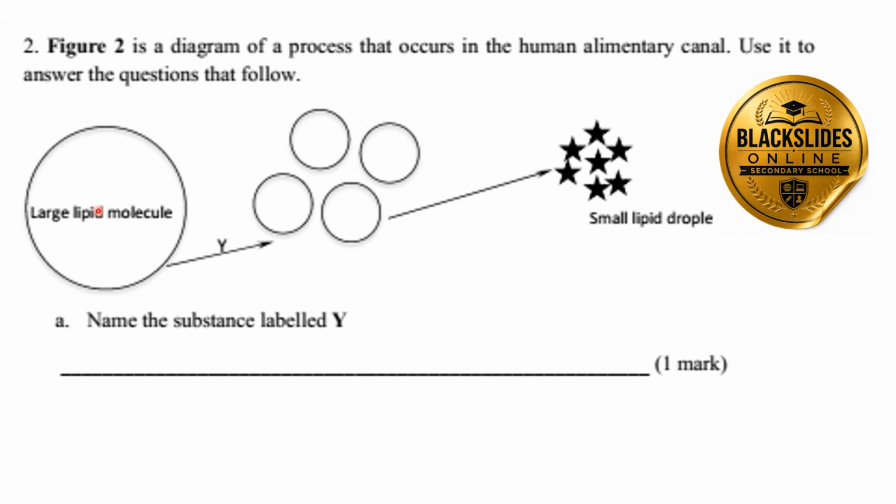So one molecule becomes 4. Of course, it can be any number of smaller molecules represented by these circles. These are smaller fat molecules. So process Y breaks down the large lipid molecule or fat molecule into smaller ones.